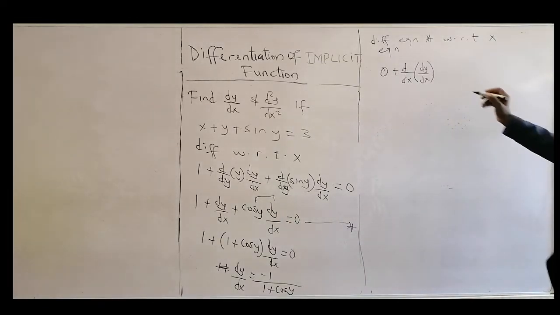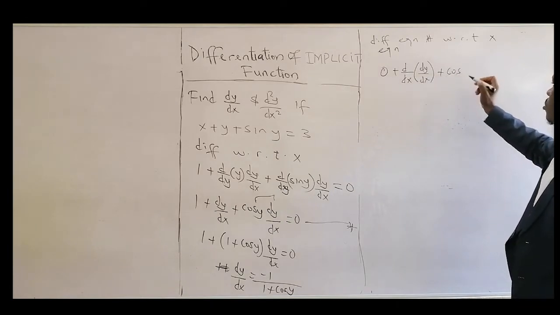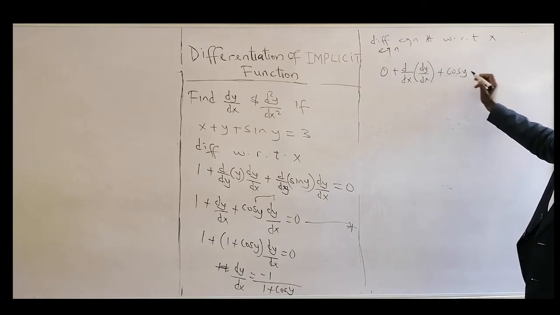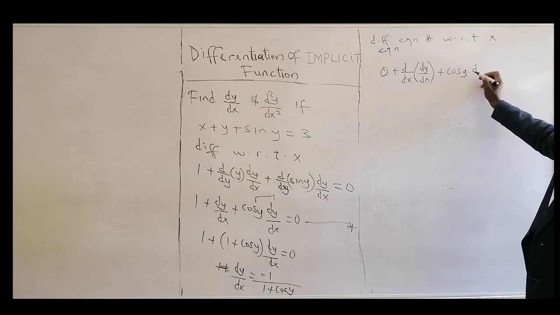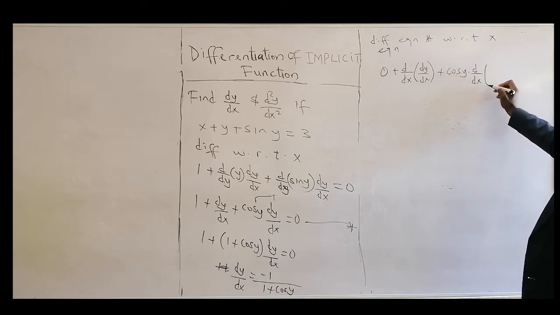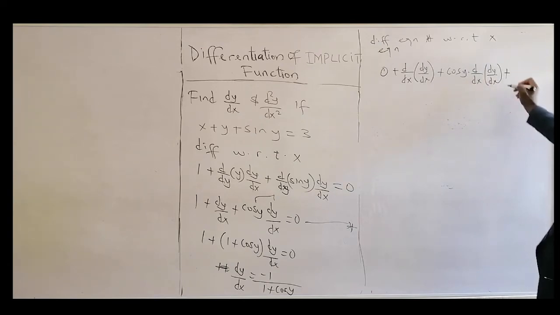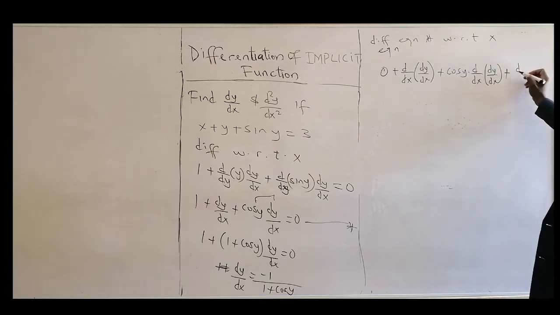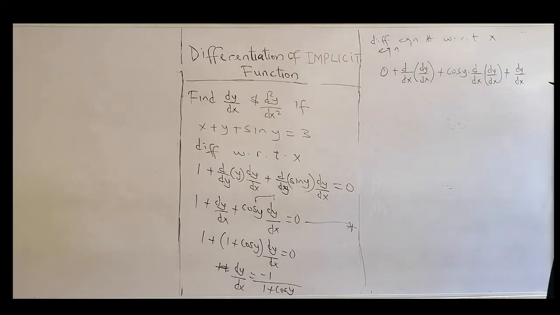So if I'm taking cos y as the constant, that means I'm now differentiating d/dx of dy/dx. Then the next thing for me to do is to take my dy/dx constant and differentiate cos y, which is equal to minus sin y dy/dx, equal to 0.